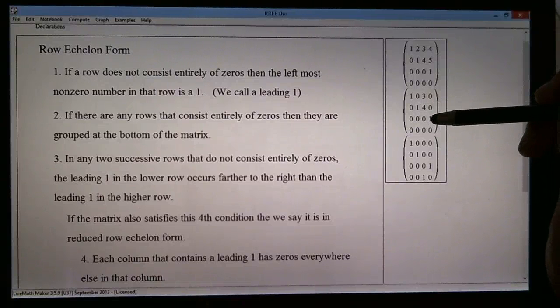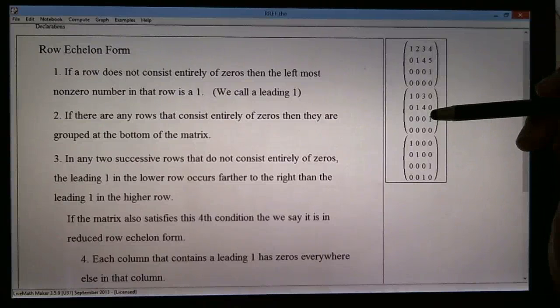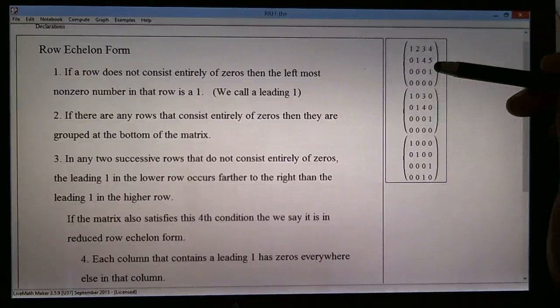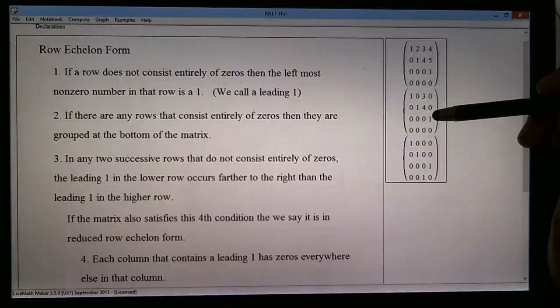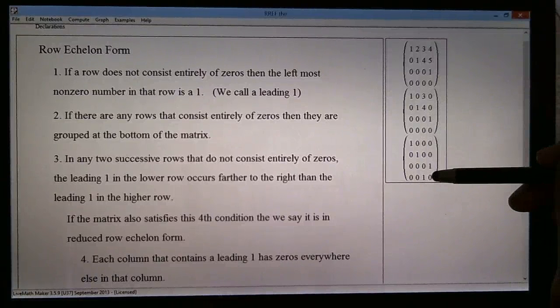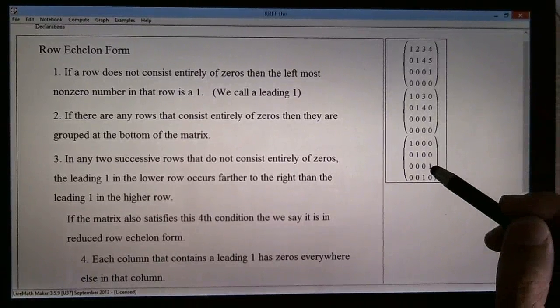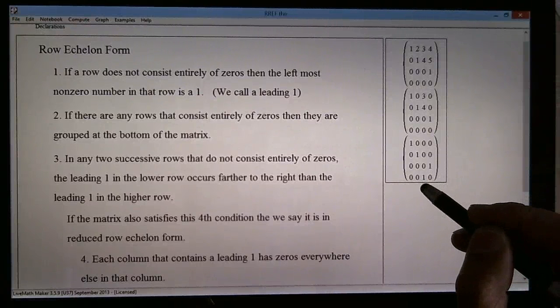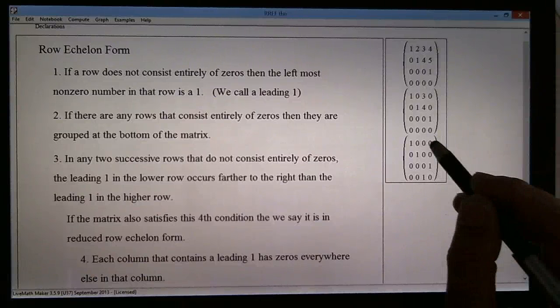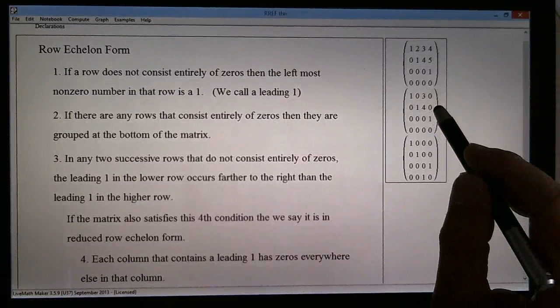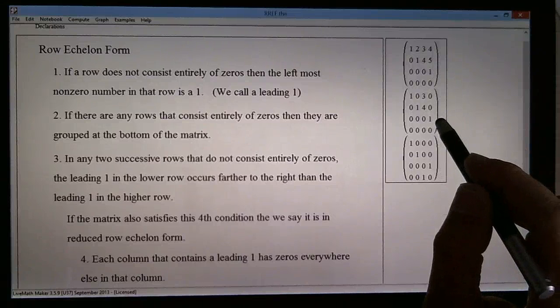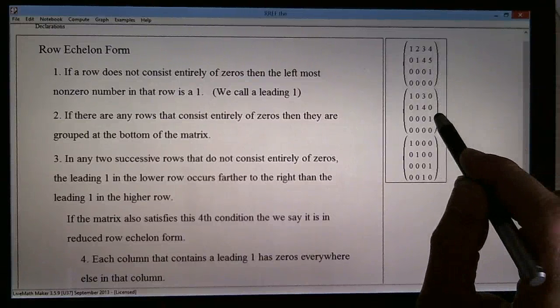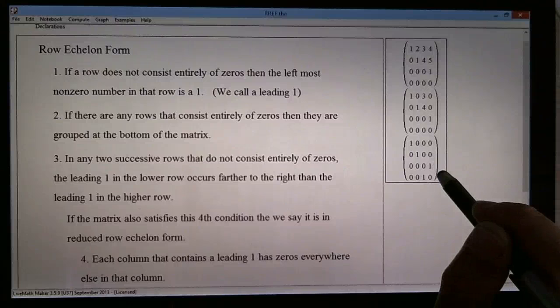Any two non-zero rows that you pick, that would be the case. So this and this both satisfy number 3. This one, however, does not satisfy number 3 because here's consecutive rows, the third and the fourth row, where the leading one in the lower row is actually to the left of the leading one in the higher row. So this is not row echelon form, where these two seem to be okay. So I've got 2 of them in row echelon form and one that's not.